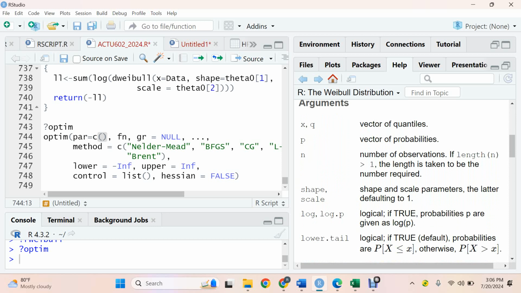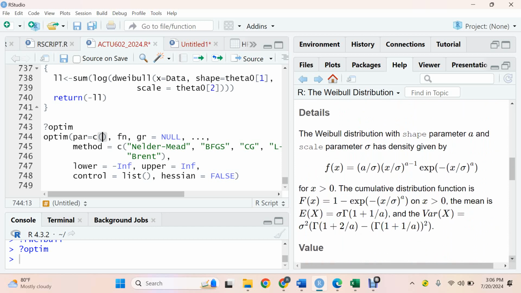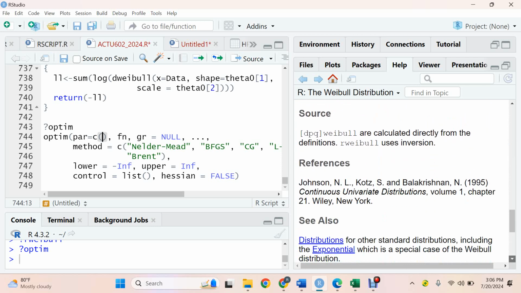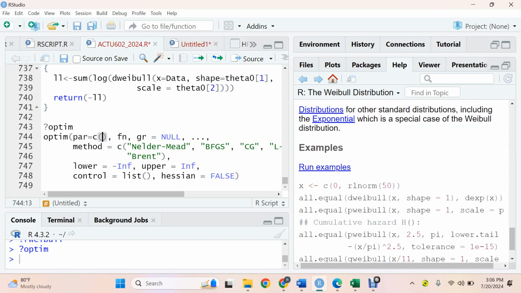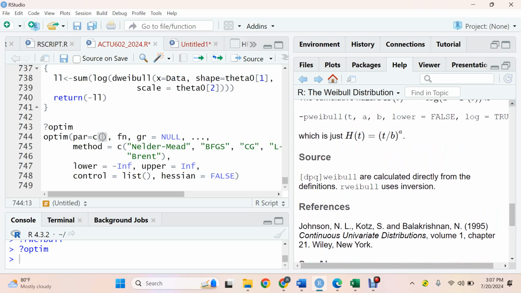So the shape, can it be negative? Can it be positive? You come here, it will show you. For the shape of a Weibull distribution, it should be negative. For the scale, it should be greater than 0.